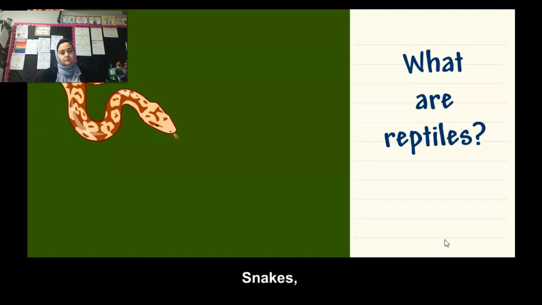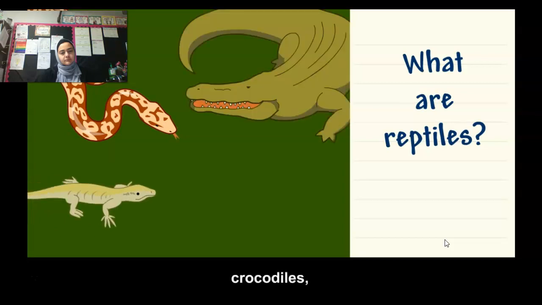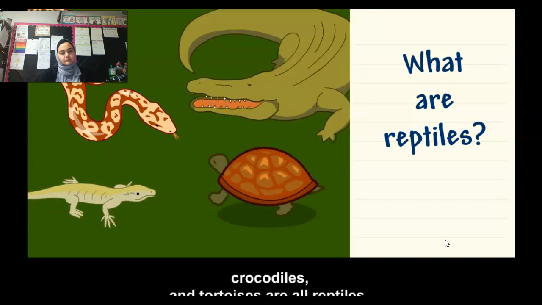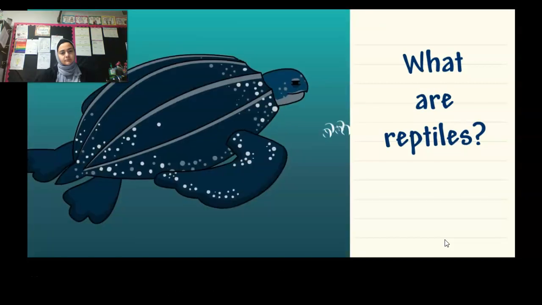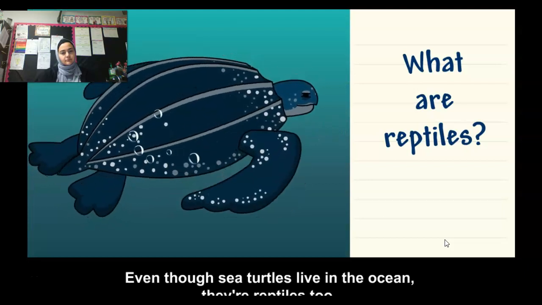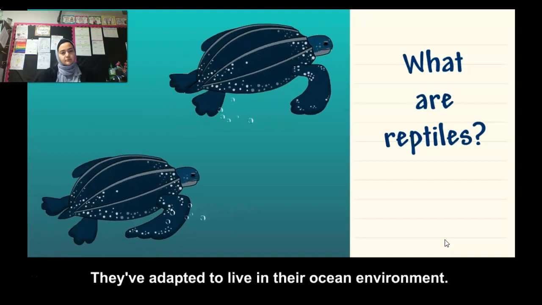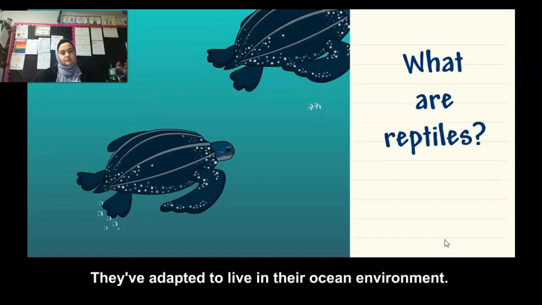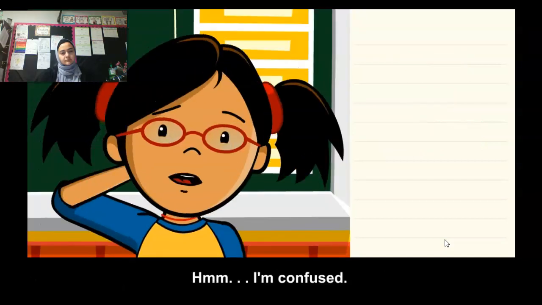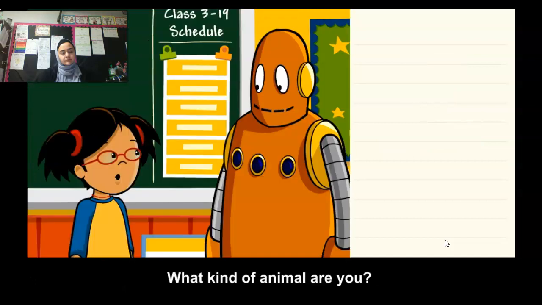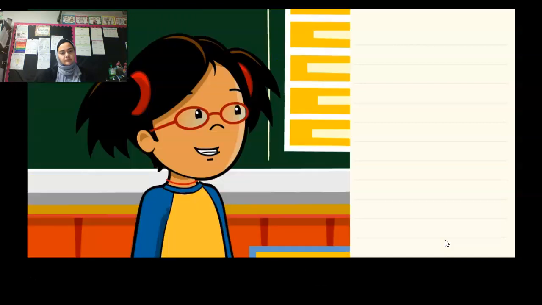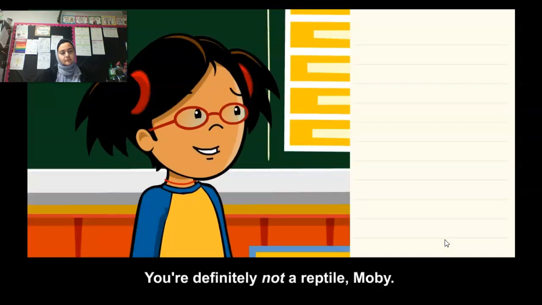Snakes, lizards, crocodiles, and tortoises are all reptiles. Even though sea turtles live in the ocean, they're reptiles too. They've adapted to live in their ocean environment. I'm confused. What kind of animal are you? You're definitely not a reptile, Moby.